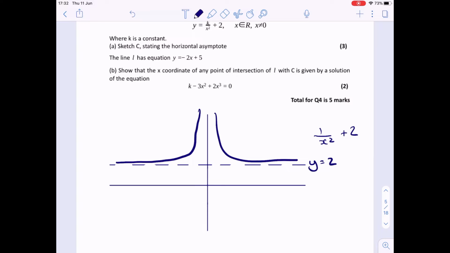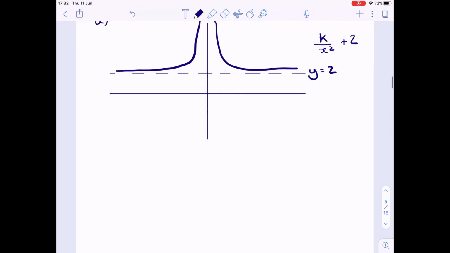Okay, and if it's k over x squared, it's just going to look like this, because before we would have shifted it up 2, it would have been stretched, and that would have resulted in it still holding the same shape. A few interesting answers came in where they said, well, if k is negative, then actually the graph you're going to end up with is going to be like this, but flipped upside down.